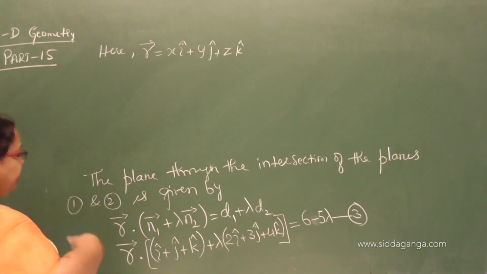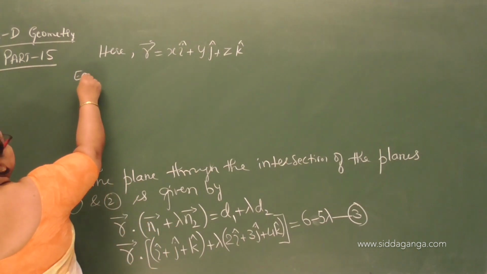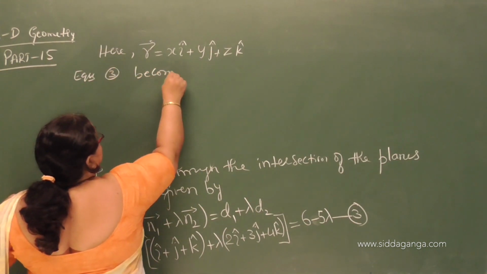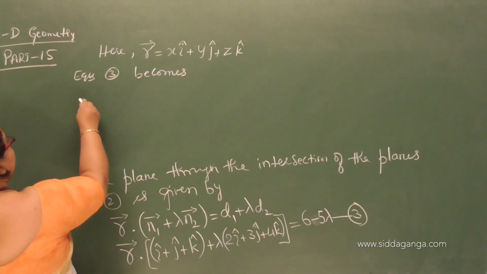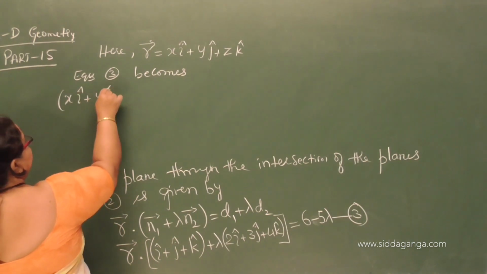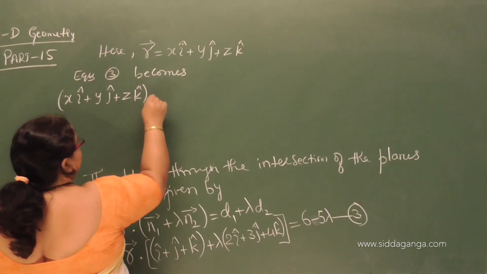We can simplify this one more step if needed. So equation 3 becomes vector r, that is x into i cap plus y into j cap plus z into k cap, dot.